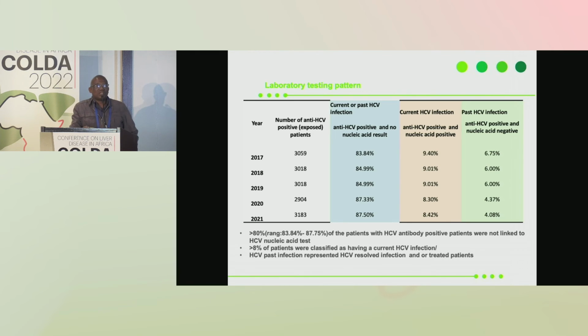And above 8% of the classified cases from the antibody positive tests were having a current infection. And the last section there is the number of people that were either treated or resolved on their own.